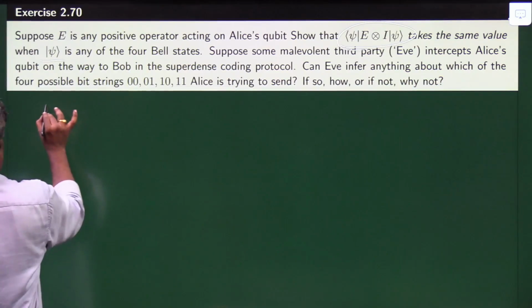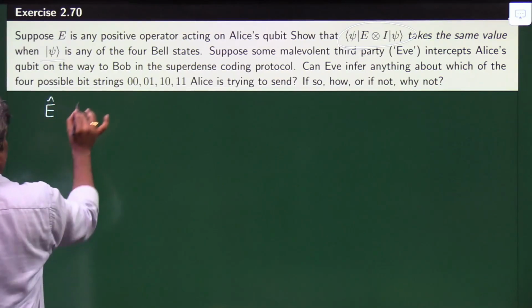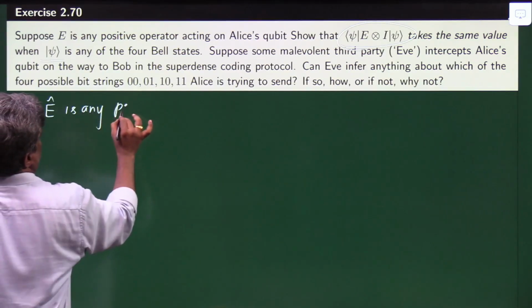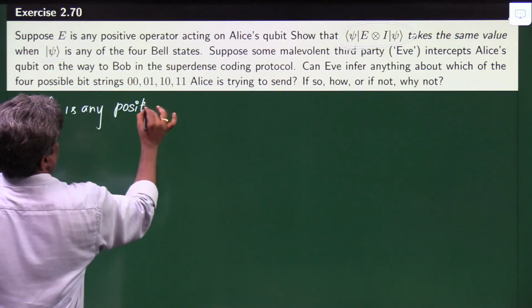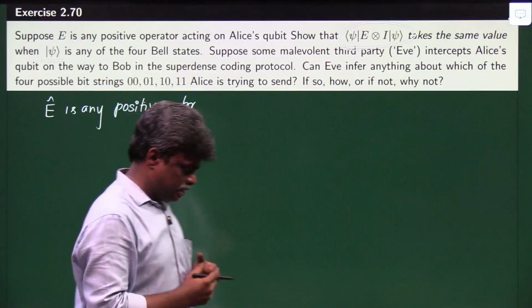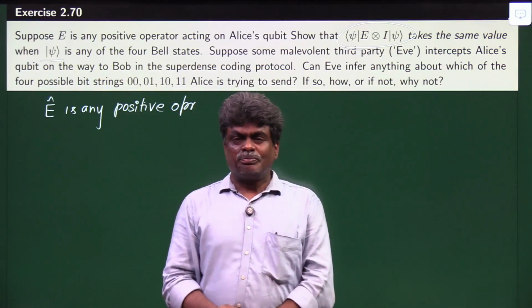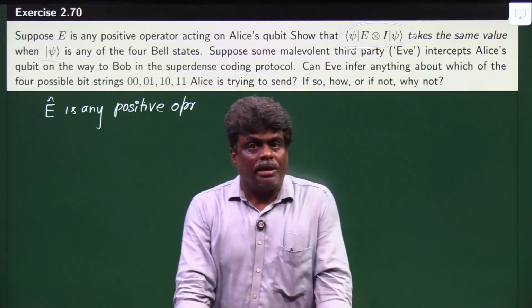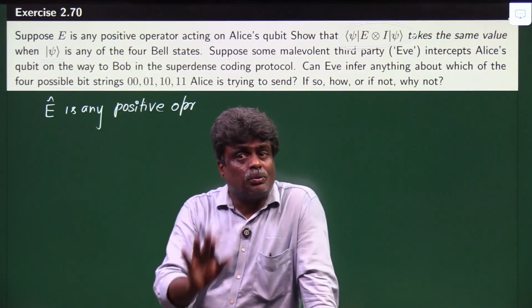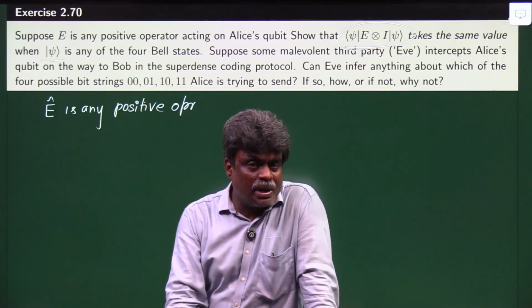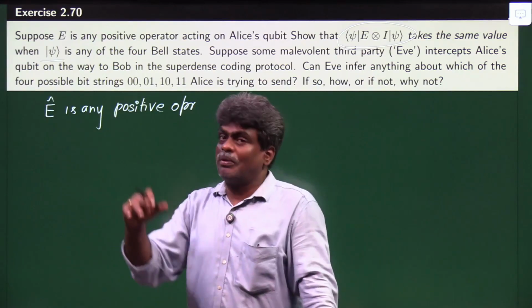Now here E is any positive operator, that means you can say a Hermitian operator. So what is this operator? Any operator in the two-dimensional space can be written as a linear combination of identity and Pauli matrices.